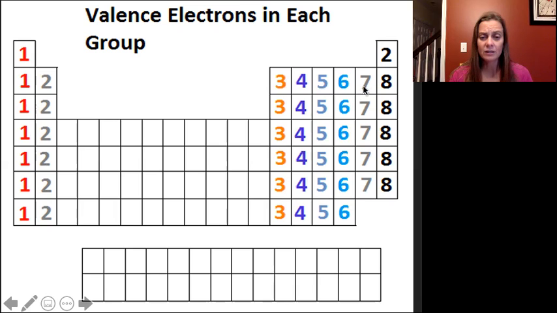The halogens have 7. And then, of course, the noble gases, with the exception of helium, have 8. Helium has only 2, but that's still a full outer shell because helium's outer shell can only hold 2. So just by looking at where they are on the periodic table, we can determine how many valence electrons the element is going to have.